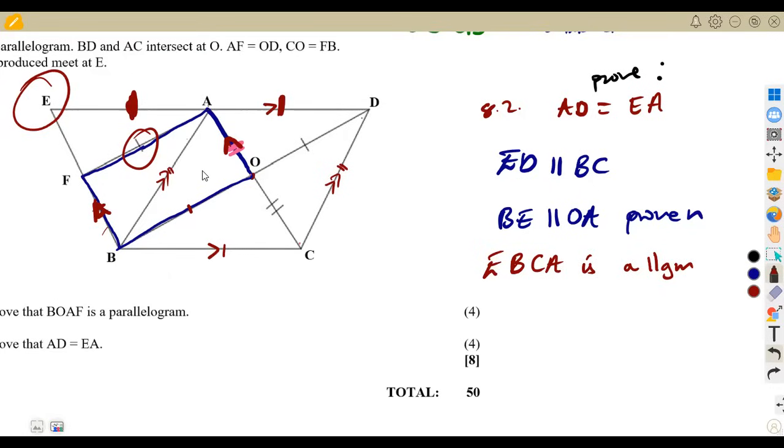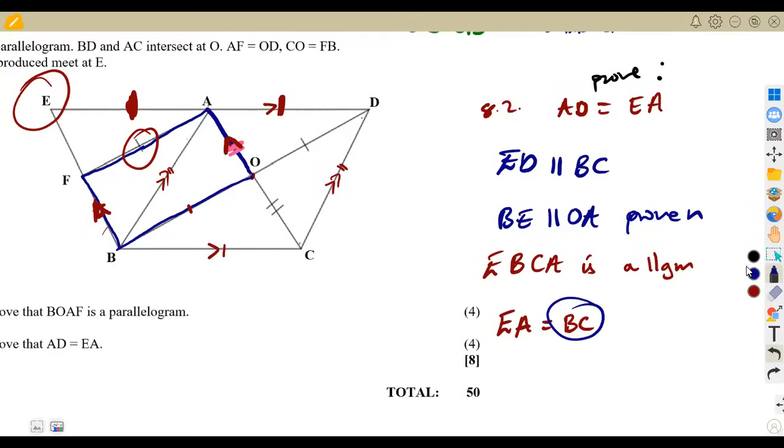So if we proved that the opposite sides of a parallelogram are the same, then it means from E to A is going to be equal to B to C, because this shape here is also a parallelogram. So EA is equal to BC. But being equal to BC, what does it mean?